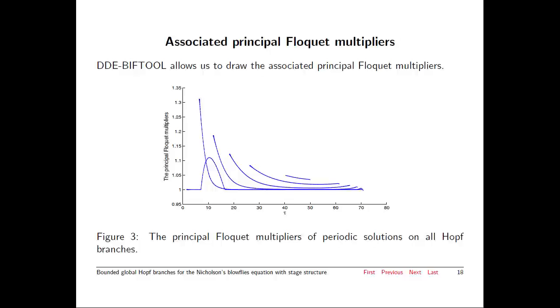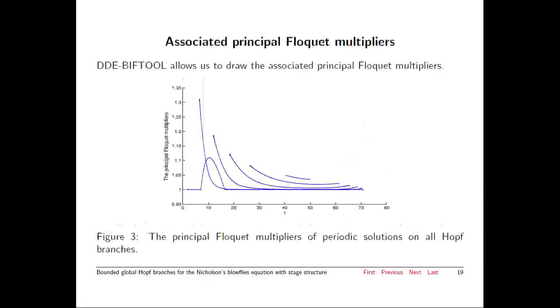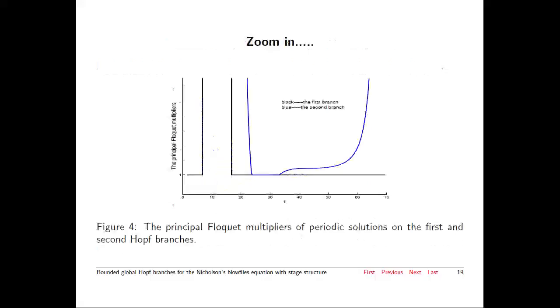But the periodic solutions on the first branch and the second branch seem different. If we amplify this graph, we get this graph. This is the first branch. Since we amplified, maybe here actually they can connect somewhere.